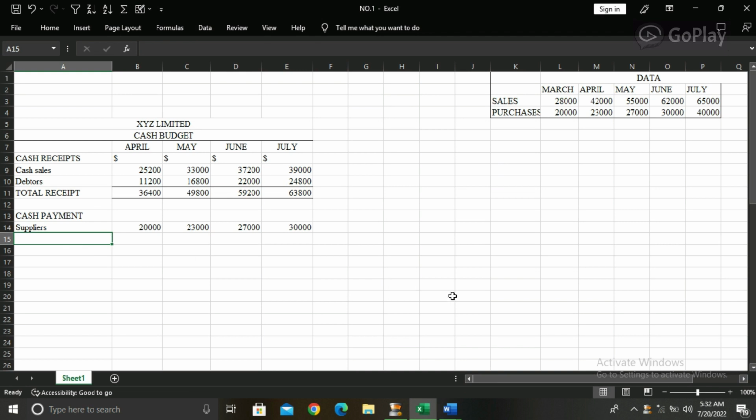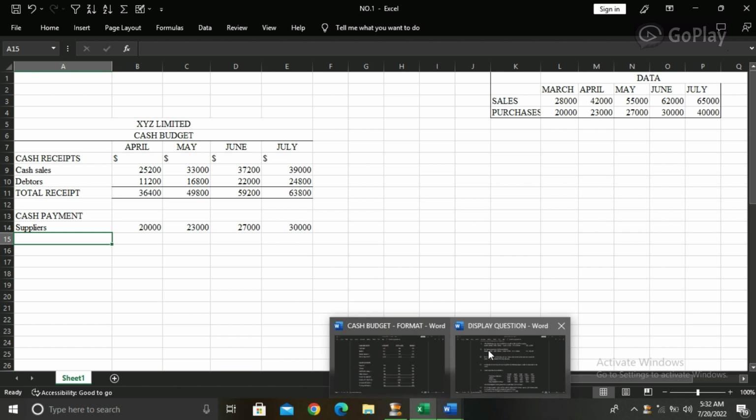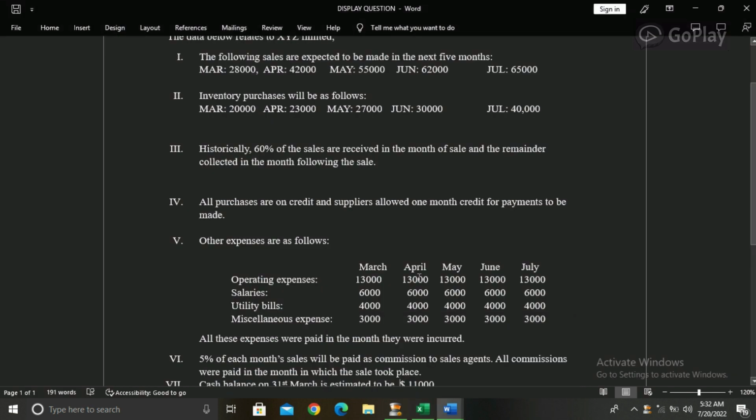Now, from here, we then move to the question again. Other expenses are as follows, and all these expenses were paid for as they were incurred. So we have operating expenses, each month is 13,000. Salaries, each month is 6,000. Utility bills, each month is 4,000. And miscellaneous, each month is 3,000.